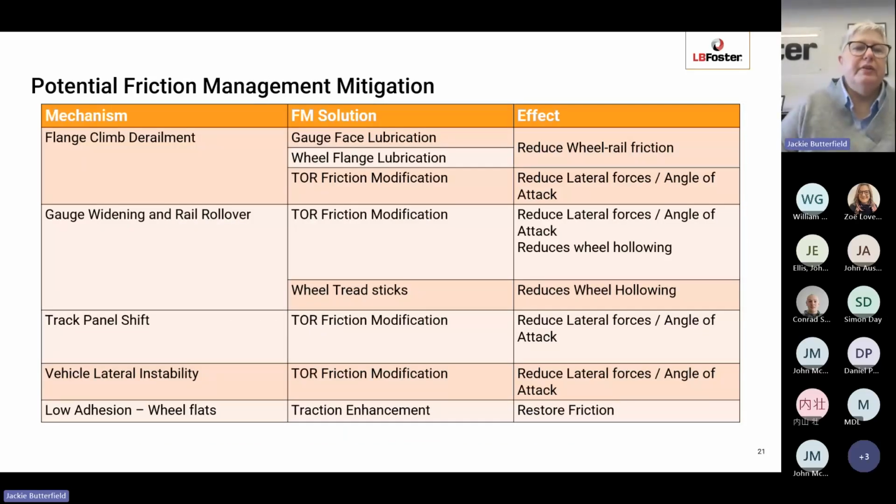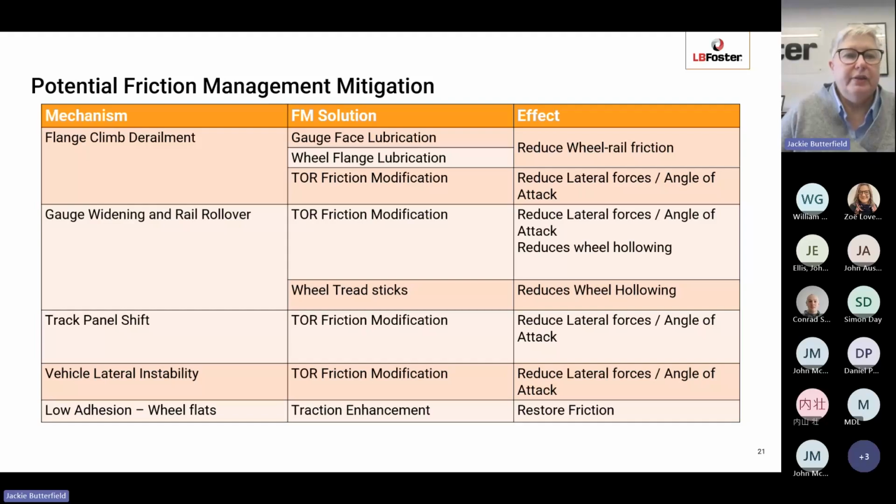So just in summary, this is a table showing those mechanisms of derailment that we've talked through, what the potential friction management solution could be, and what the overall effect is. So obviously for flange climb derailment, you have gauge face lubrication, wheel flange lubrication, or top of rail friction modification. And they are all reducing the friction between the wheel and the rail, reducing lateral forces and the angle of attack.